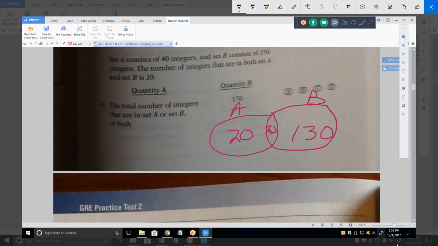Okay. So the total number of integers that are in set A or set B or both versus 170.